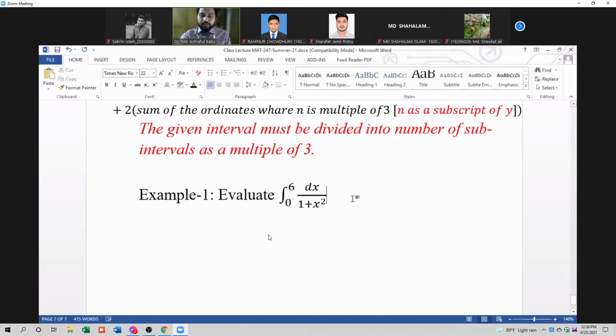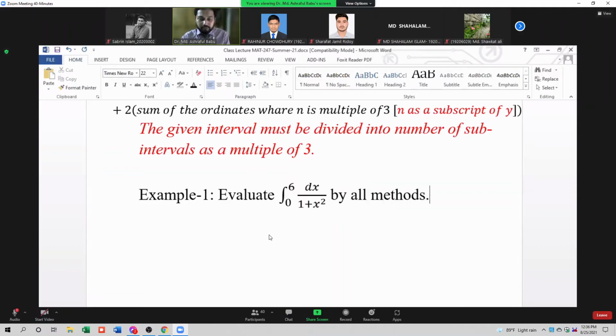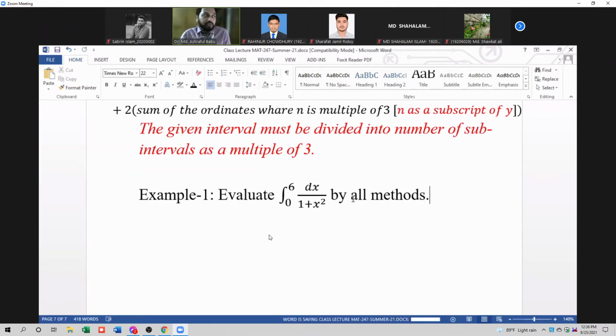By all methods, I mean the trapezoidal rule, Simpson one-third rule, and 3-8 rule. You have to solve this problem.